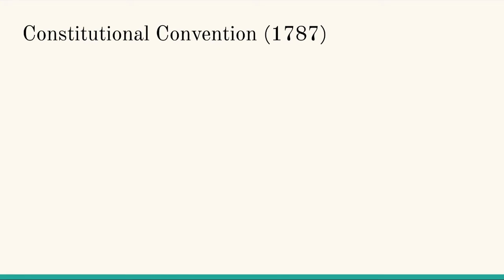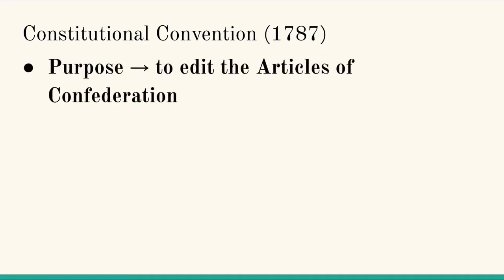Feel free to write it if you want the extra reminder, or just listen for a second. Again, the Constitutional Convention takes place in Philadelphia in 1787, and the sole purpose of this convention, of this meeting, is rewriting, or not rewriting, editing the Articles of Confederation.